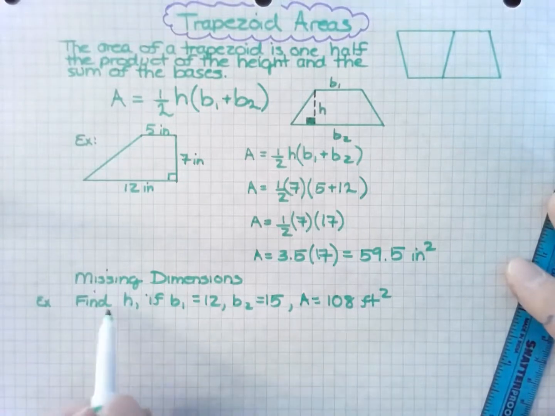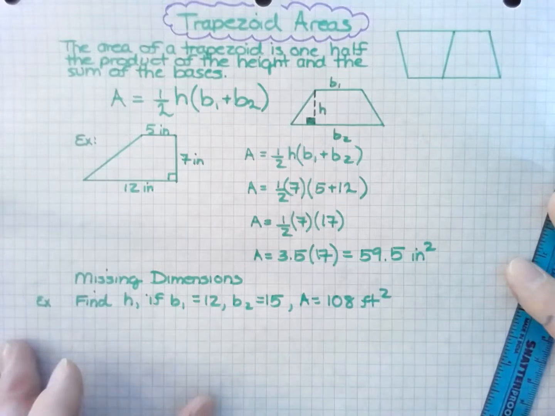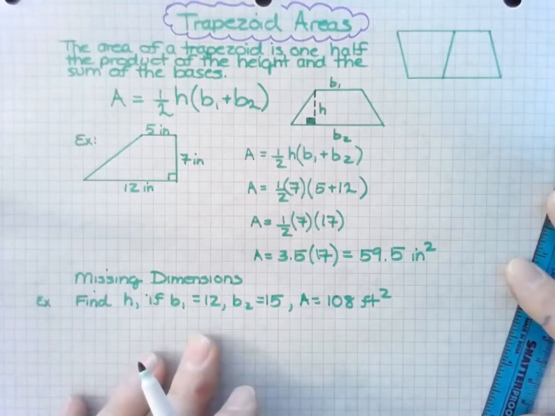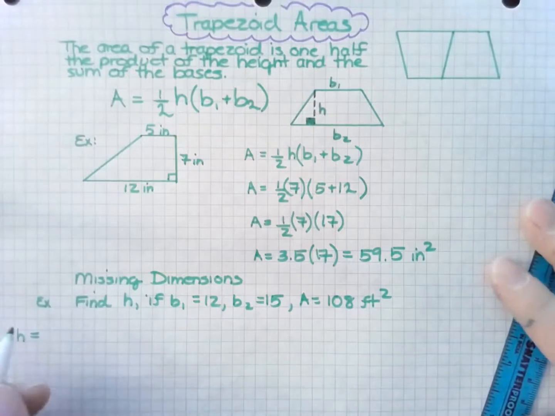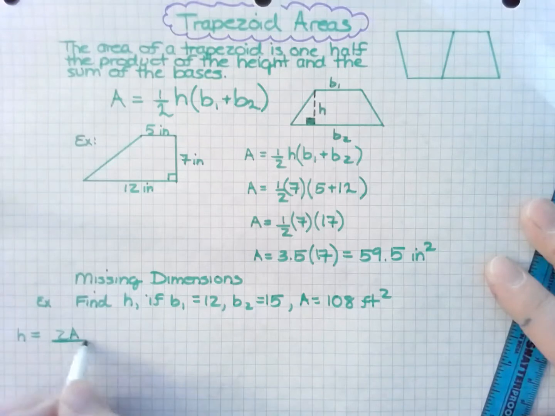Until we are able to find the equivalent formulas, which we actually learn about in 9th grade, the book, in this case, gives us the formula for finding the height specifically. The height is equal to 2 times the area over b1 plus b2.